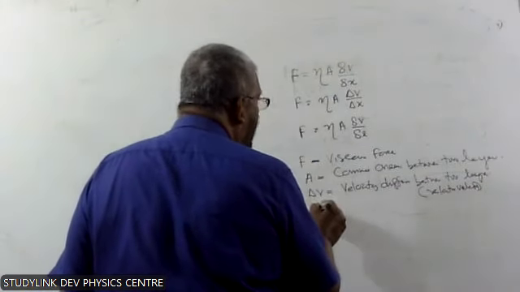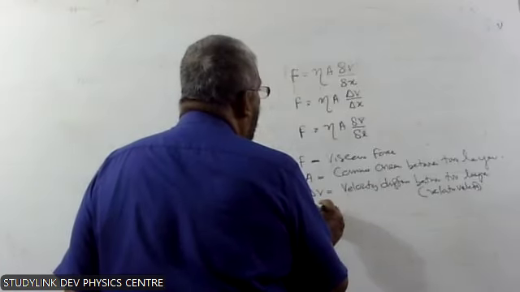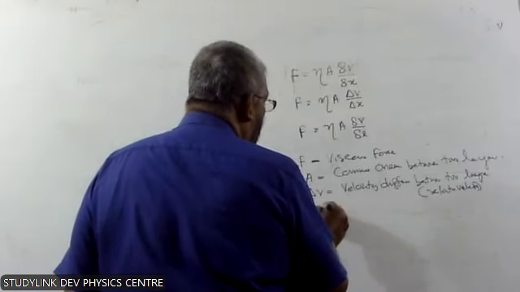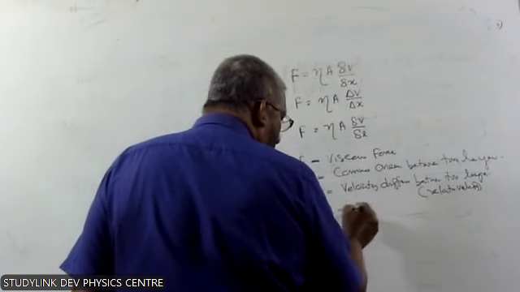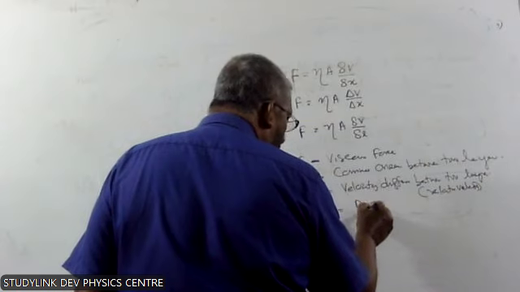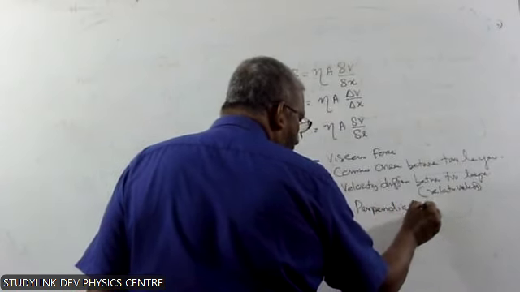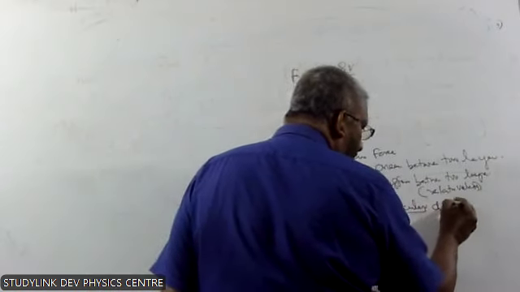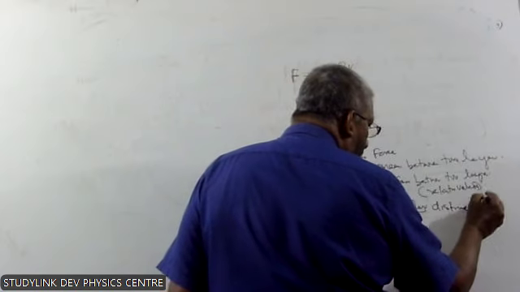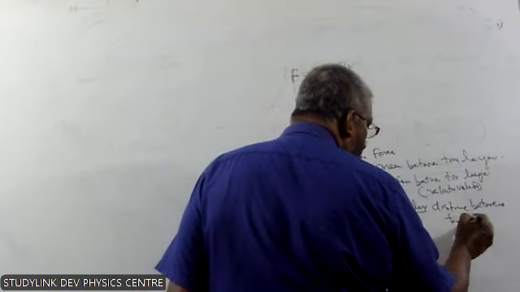Then delta L or delta X, we can use delta V over delta X. Delta X is the perpendicular distance between the two layers, and that is really needed.